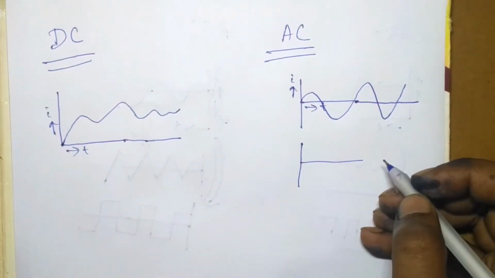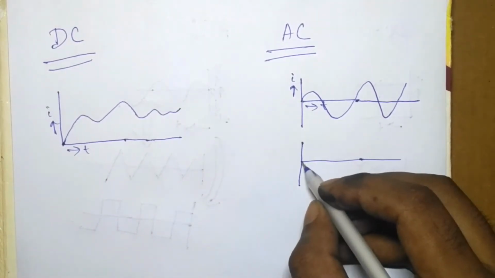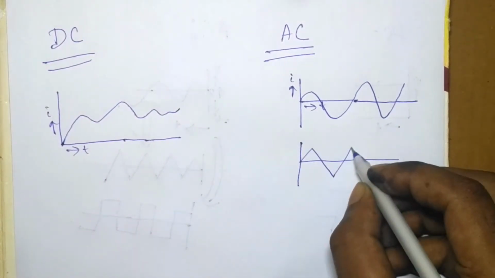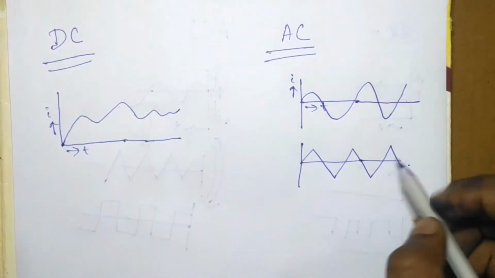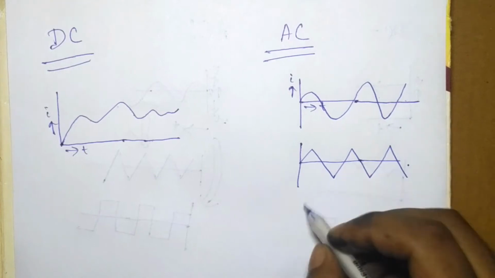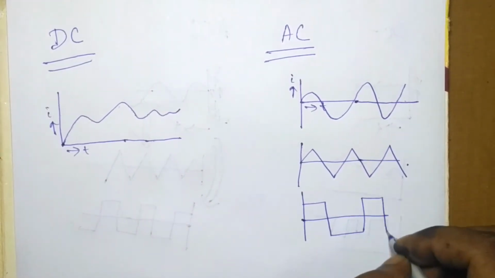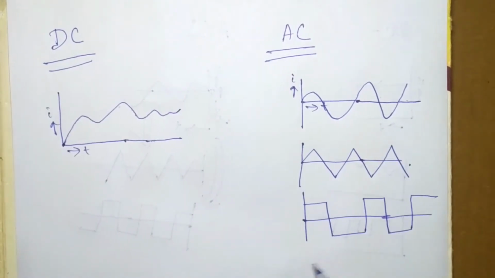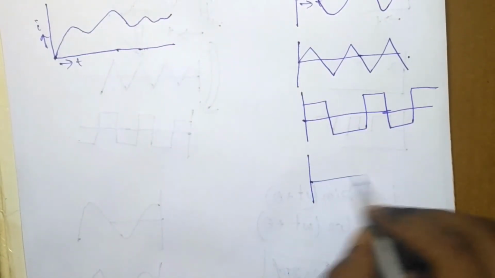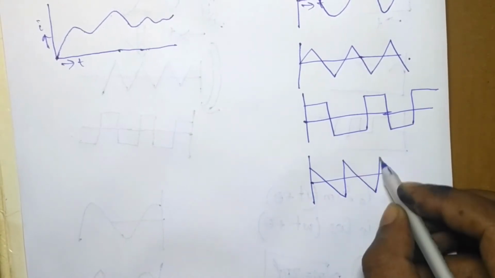Now, the misconception about AC is that AC should be always like this. But AC can also be triangular, or square. So AC may have any form. It is not really important that AC should always be in the sinusoidal waveform.